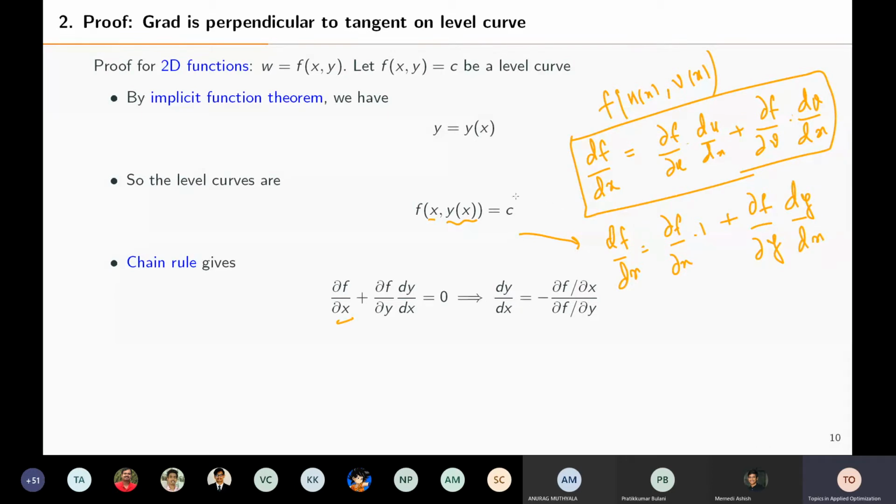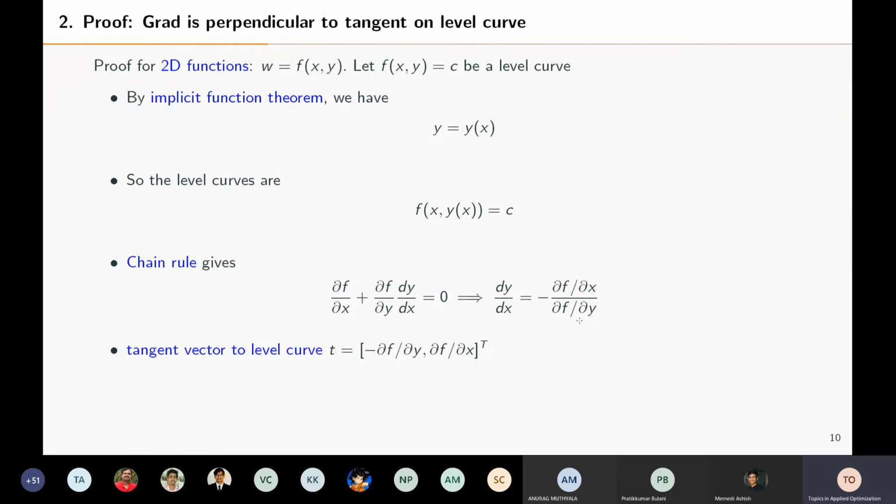And the derivative of a constant is 0. So from this equation we can solve for dy by dx, which is minus del f by del x divided by del f by del y.